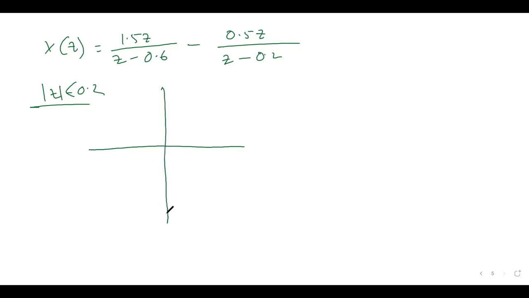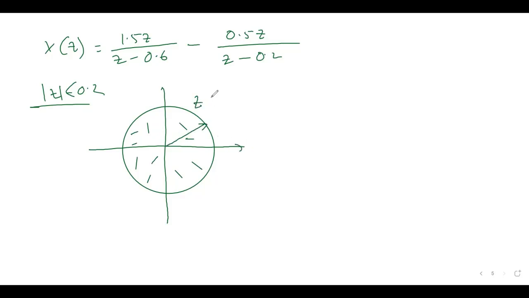This section will be a left hand side signal if the ROC is less than 0.6, isn't it?